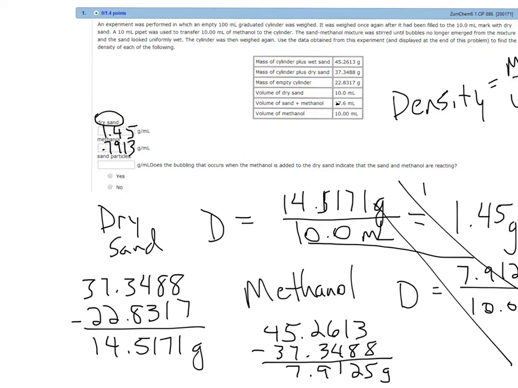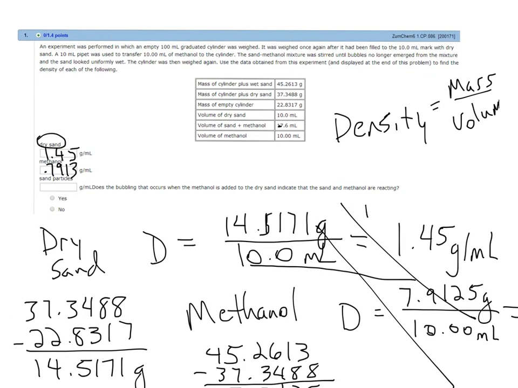And lastly, they ask us to find the density of the sand particles themselves. So what's the difference between dry sand and sand particles? Well, if you read the story problem up there, they tell you that the sand methanol mixture was stirred until bubbles no longer emerged and the sand looked uniformly wet.